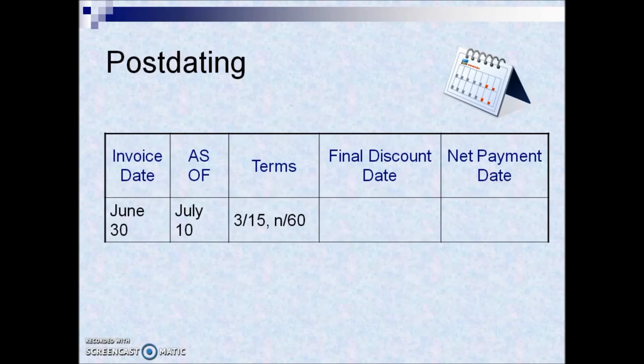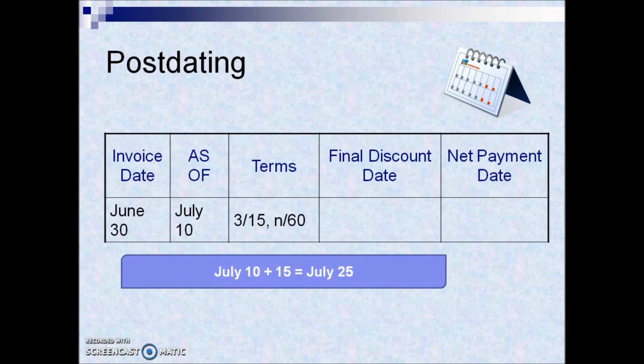Here we have an invoice that's dated June 30th, but has an as of in the terms, July 10th. That's the date that we start determining our final discount date with regards to the discount of the terms. The term is listed as a 3% discount if paid in 15 days. We use the as of date to calculate our final discount date.